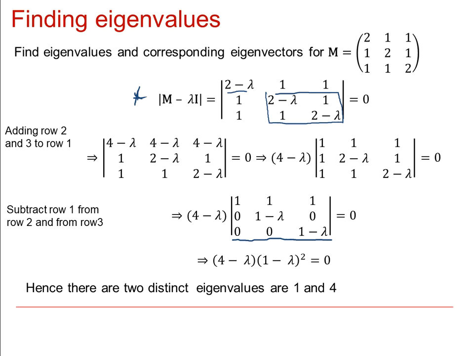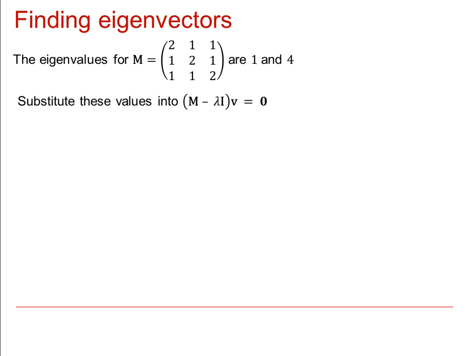In general you'd expect 3 eigenvalues, but here we have a characteristic equation where there's a repeated factor, so there are only 2 distinct eigenvalues, 1 and 4. Once we've got the eigenvalues, we can find the eigenvectors by using the equation that M minus lambda I multiplied by the eigenvector must be equal to a 0 vector.